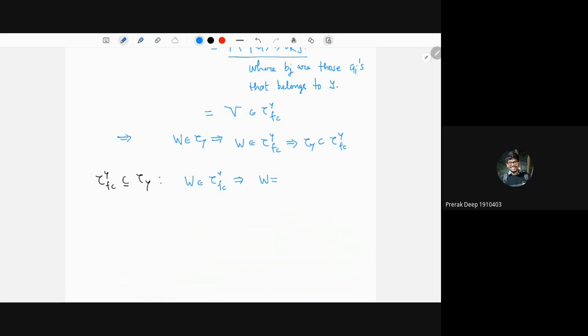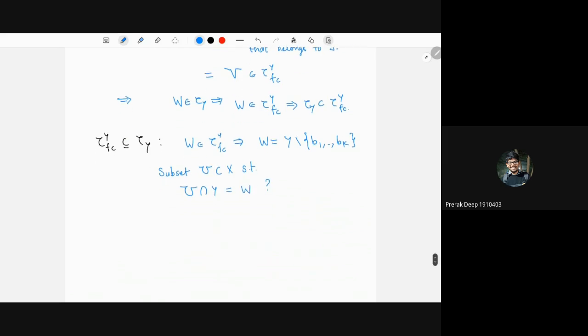This means that W is nothing but Y minus some finitely many points b1 up to bk. Now, can you think of any subset U of X such that U intersection Y can be W?